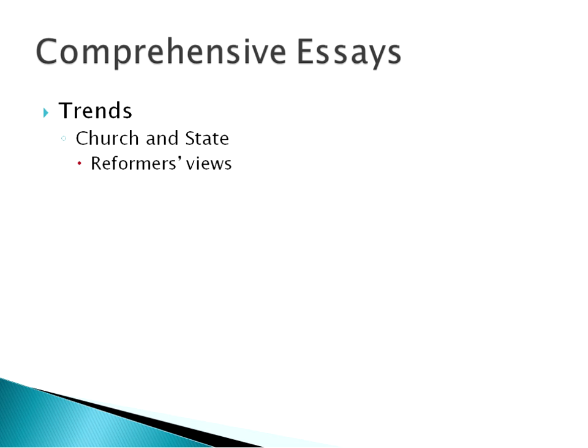But at least talk about how some reformers believed that there should be an alliance between church and state. And the Anabaptists, for example, believed that church and state should be totally separate. The more specific you can be, great. But if you have to say some said this, some said that, that's fine.